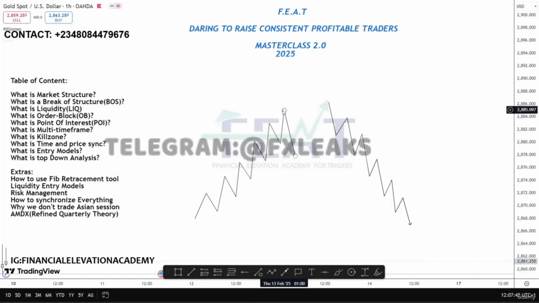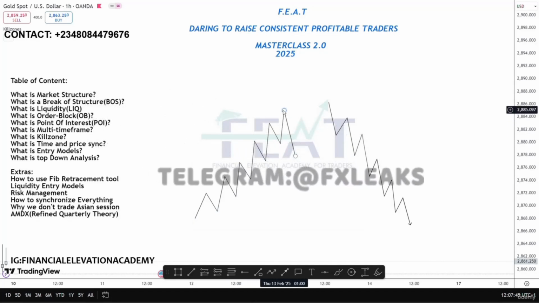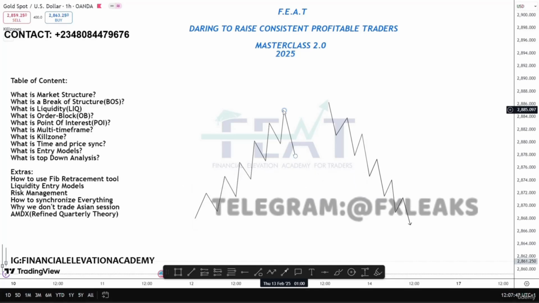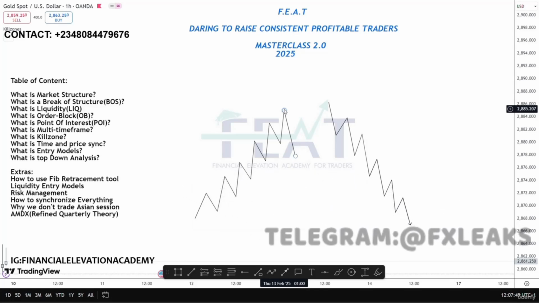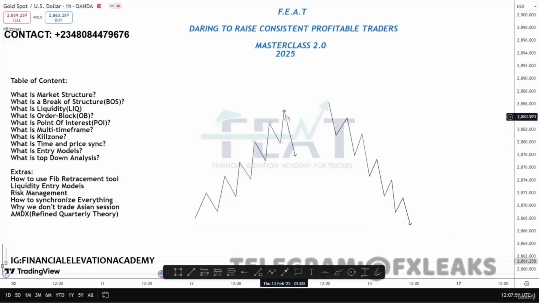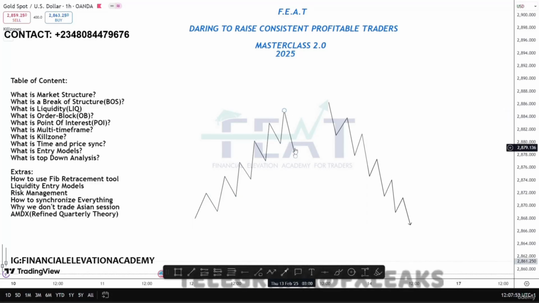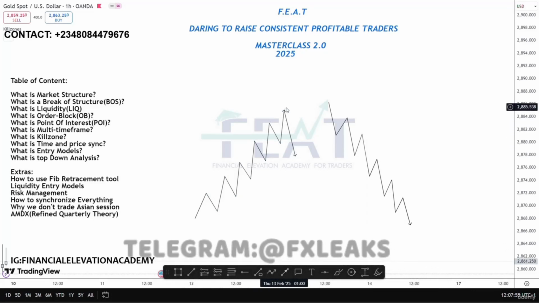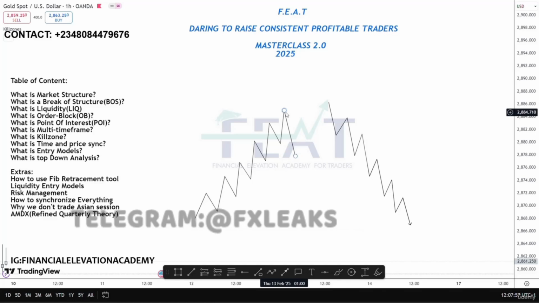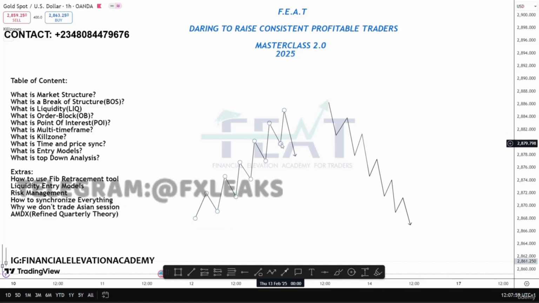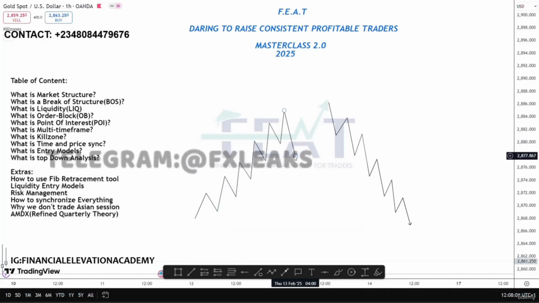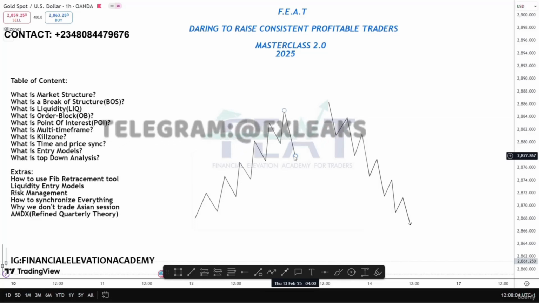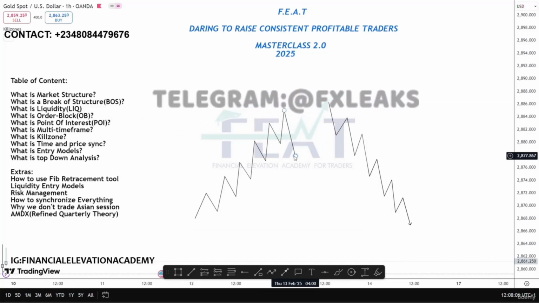But on this occasion, we will now see a huge sell move come into the market that will not respect this low and it will create its own new low, meaning that this high failed to respect this low and created a new low. As such, this has done a break of structure.